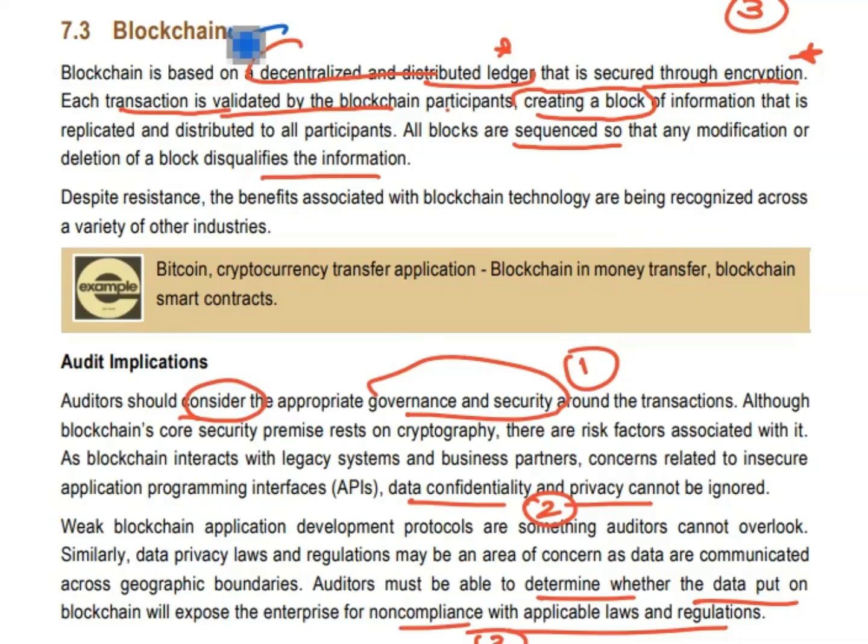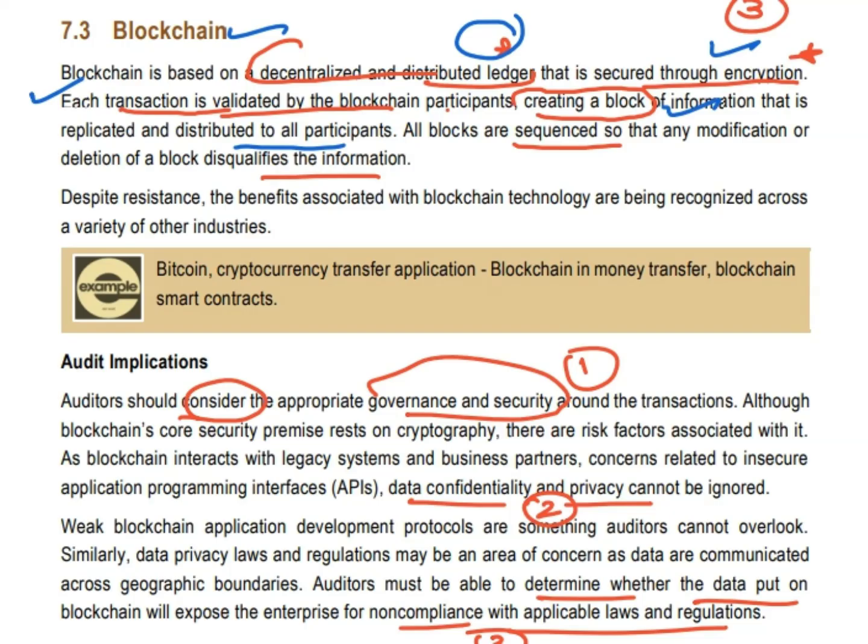Okay, next is blockchain. Blockchain is based on a decentralized and distributed ledger that is secured through encryption. This is the keyword: decentralized and distributed ledger. Each transaction in the block is going to be validated. Once it is validated, you are going to create a block that is replicated and distributed to all the participants.